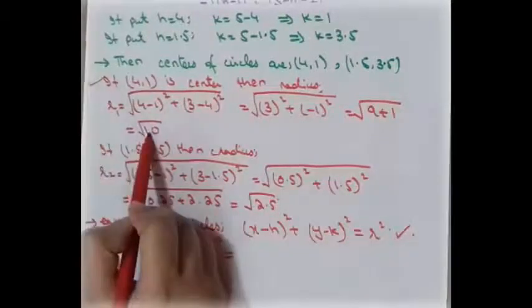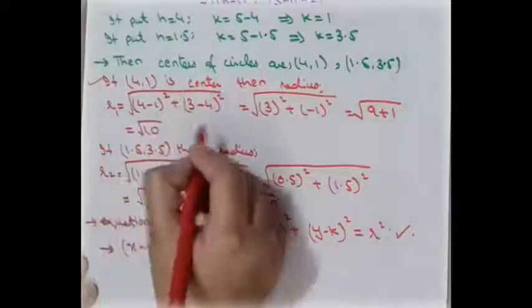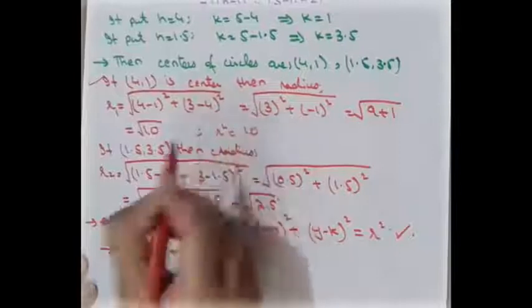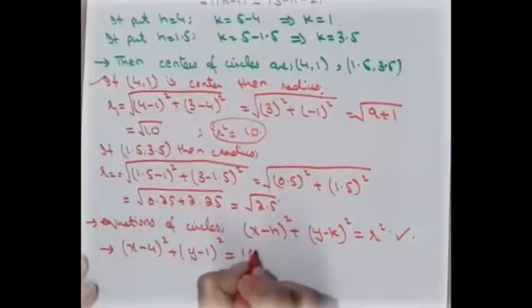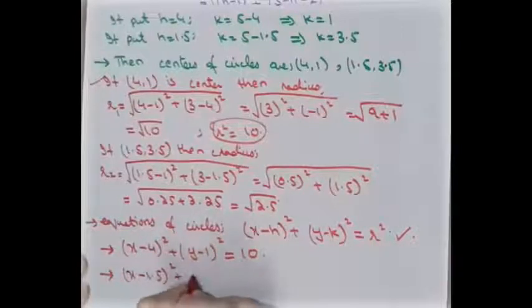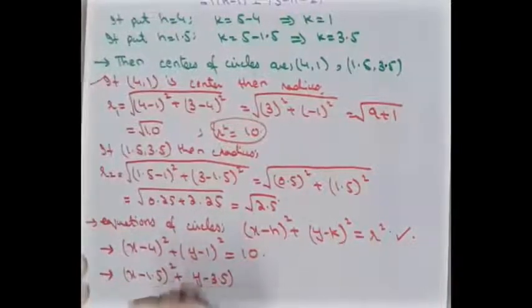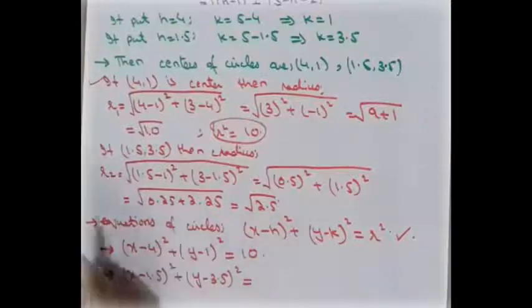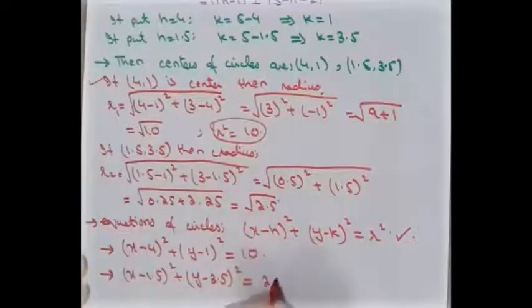In this case the radius is the square root of 10. If we take a square, then it will be a positive 10. So it will be this. And the second equation of a circle with this center will be (x minus 1.5) squared plus (y minus 3.5) squared equals r squared, which is 2.5.